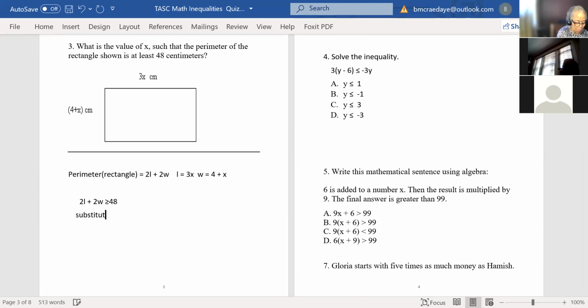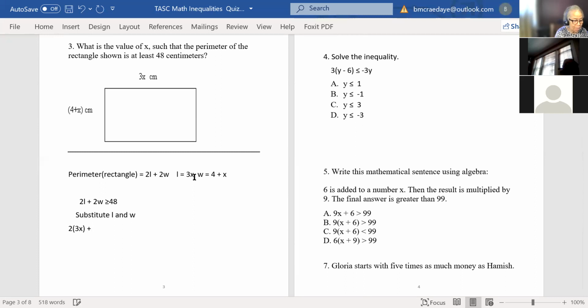Substitute L and W. It would be 2 times 3x, right?